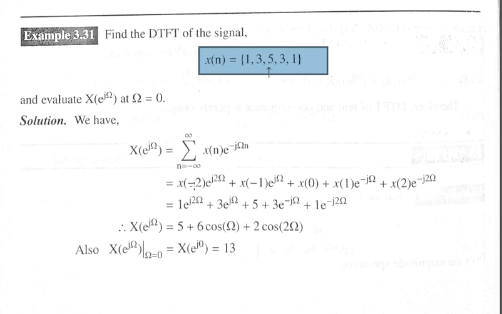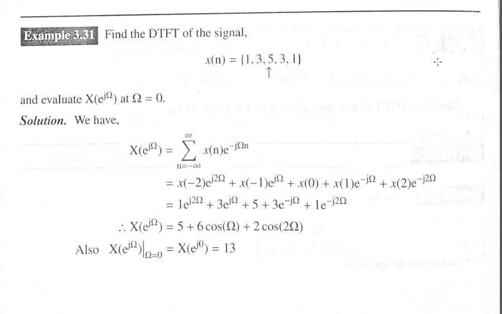So when we substitute, x of -2 is equal to 1, x of -1 is 3, x of 0 is 5, x of 1 is 3, and x of 2 is 1. When we substitute all these, we get 5, and e to the power of j omega is expanded.